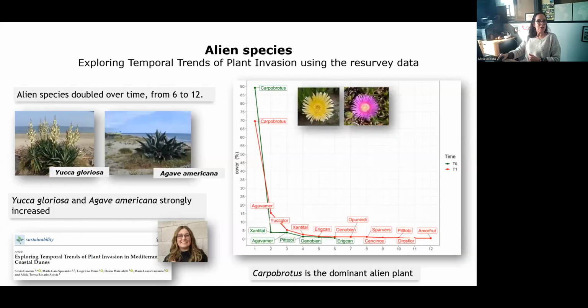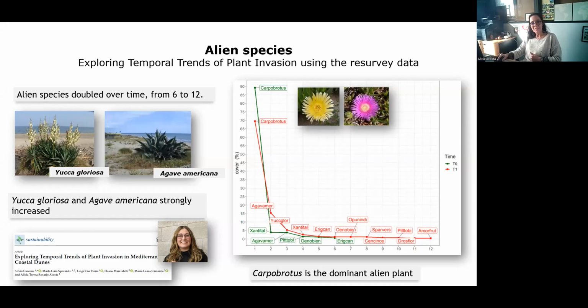But what about invasion dynamics? Silvia Gascón and colleagues, using data from the project we've seen before, explored changes in invaded coastal dune habitats over the last 10, 15 years. Using rank abundance curves, we compared invaded old plots in green in this graphic with new plots in red.